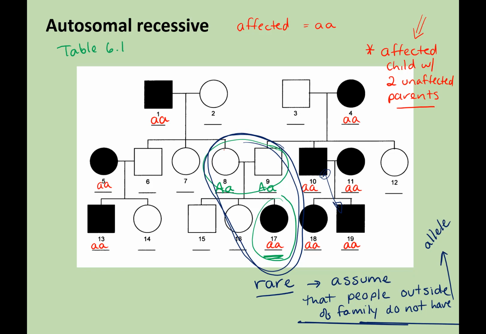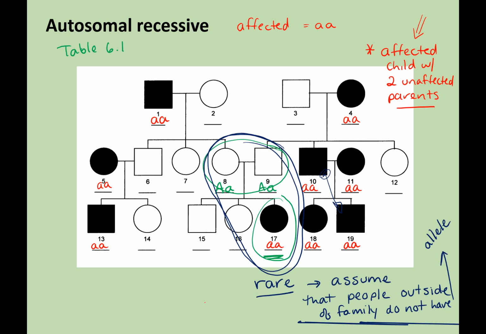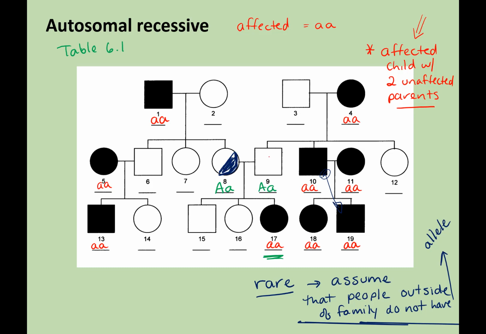Okay, let's look at autosomal dominant. Let me go back here. And here you can see that, let me get rid of some of this coloring, these people you could fill in as carriers, right?